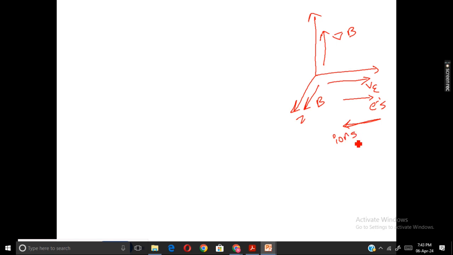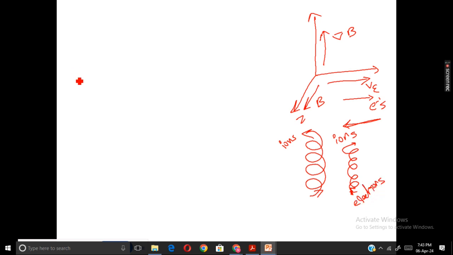In case of a homogeneous magnetic field, we saw that the electrons and ions gyrate in opposite directions. If you remember, in case of ions the radius of gyration was in this direction, like this. In case of electrons, because of its smaller mass, the radius of gyration was in this direction. So the direction in which electrons and ions gyrate was different in case of a homogeneous static magnetic field.